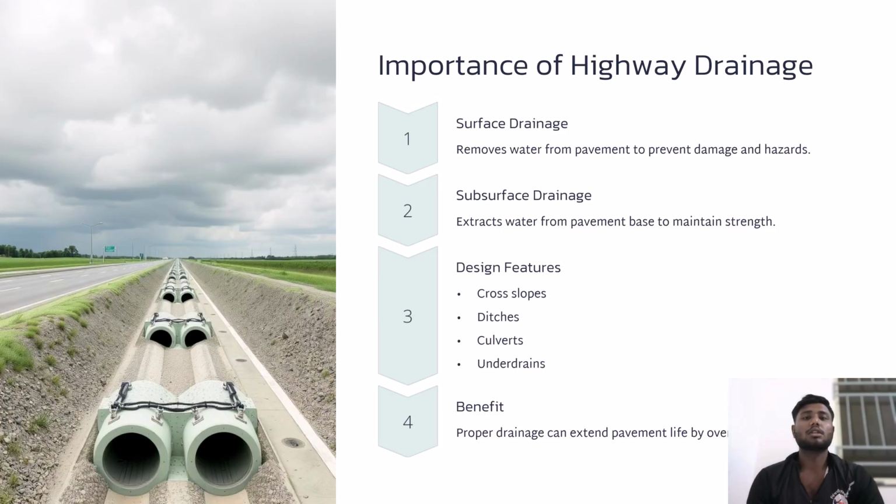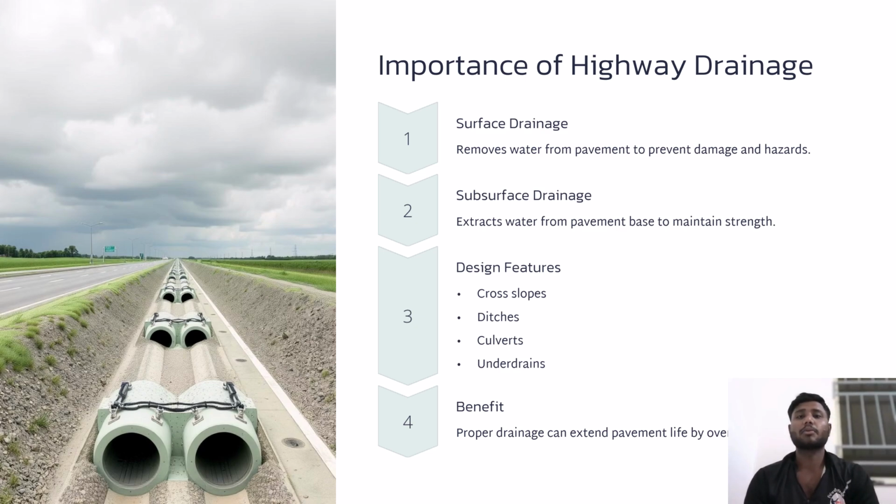The next one is importance of highway drainage. Why do we require highway drainage, and why do we provide slopes? In the rainy season, when rain and water come onto the surface of the highway, it is very problematic for everyone on the roads.